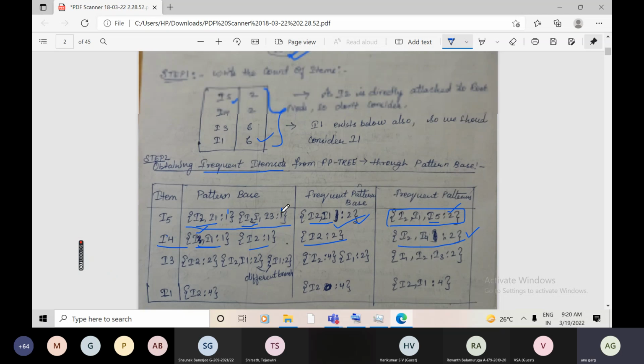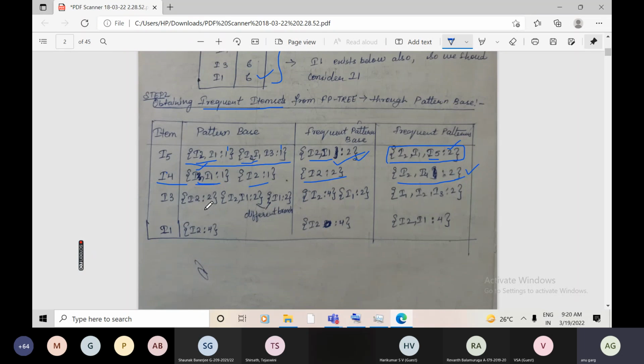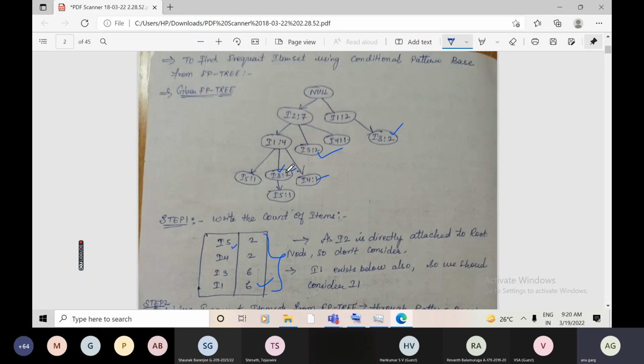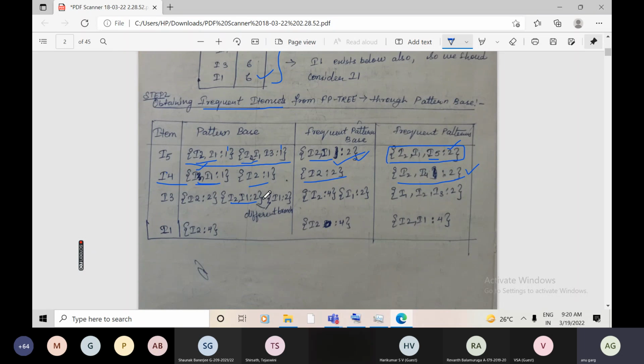Now I3 is a little different, so try to understand about I3. Where all do we have I3? We have it here, here, and here. Now let's see each branch one by one. This one is I2, I1, and the support count of I3 in this branch is 2, so we write I2, I1, 2.